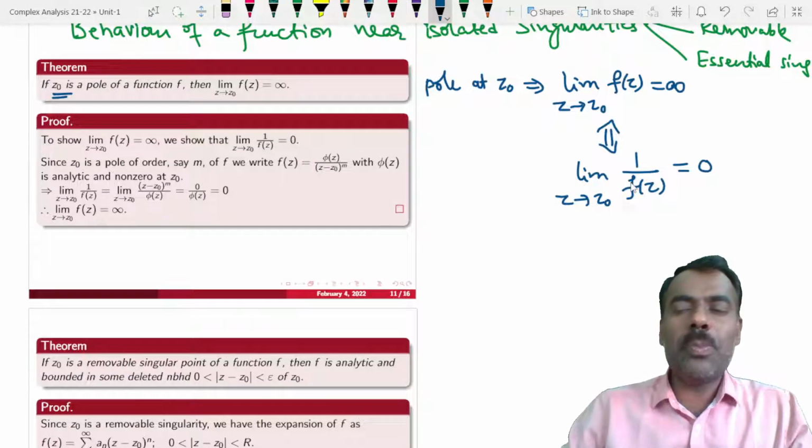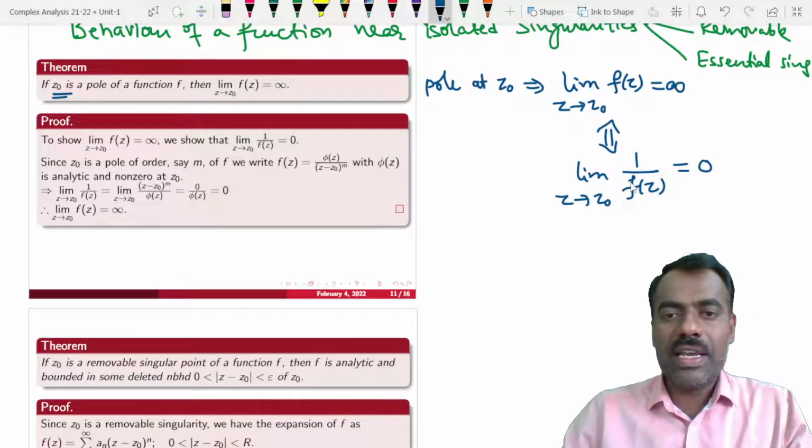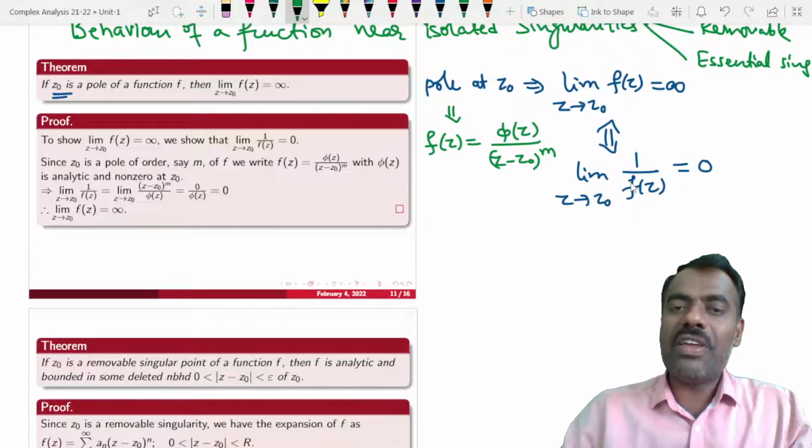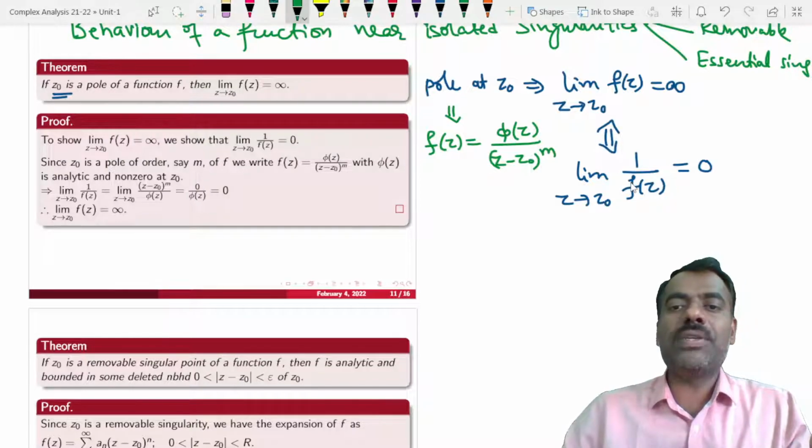Now z naught is a pole for this function f. So f of z can be written in this form: f of z equals phi of z by (z minus z naught) whole power m, where phi is analytic and non-zero at z naught.